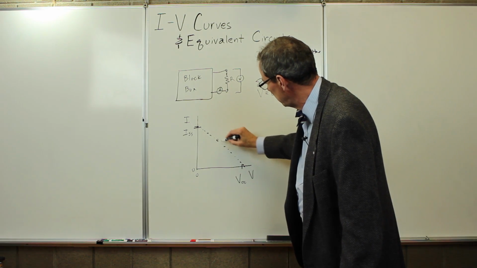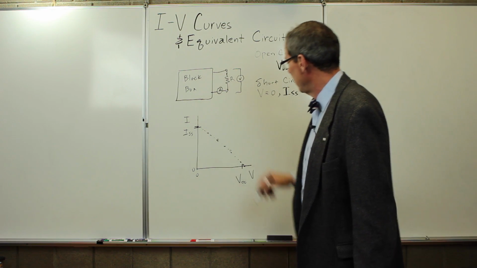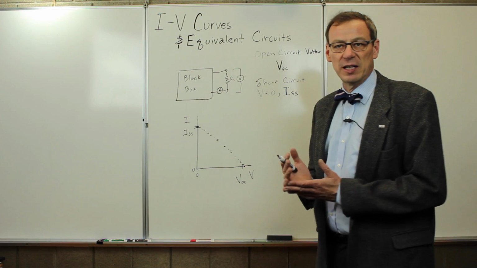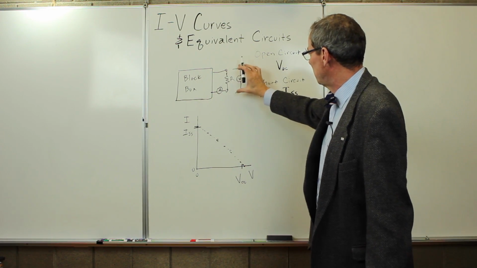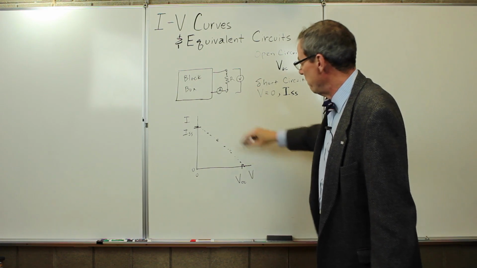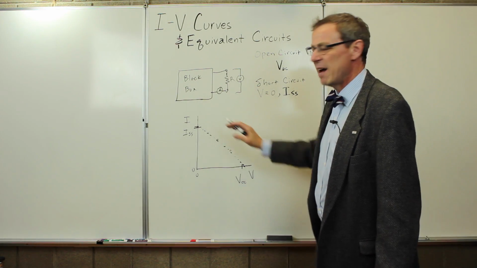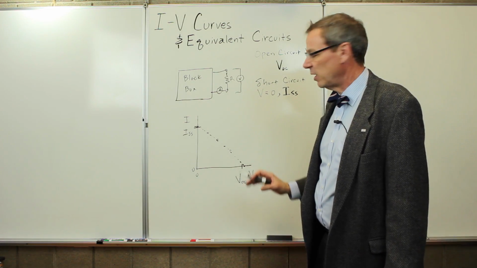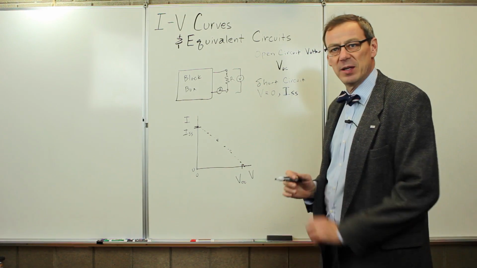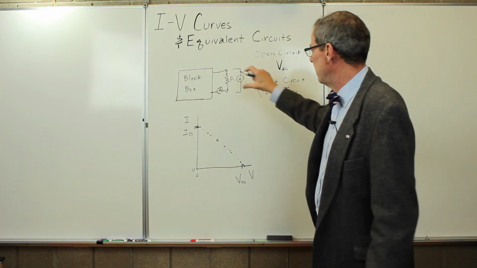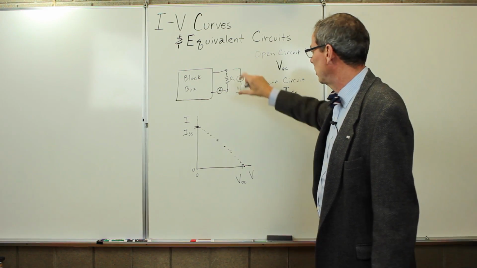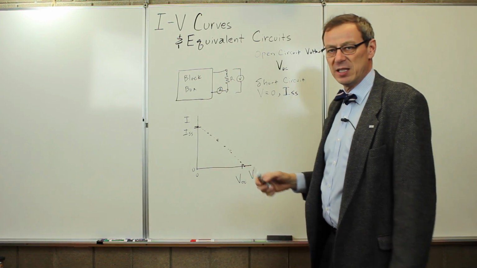So if we put various resistors in, we'd measure various points here, and we get a line that looks like that. So the IV curve of some object that can deliver voltage and current may look something like this. It doesn't have to be linear, it could be nonlinear as well, but that's sort of the basic thing. So that's the idea of an IV curve. It characterizes either a component, the resistor like we talked about, or the output of some device.